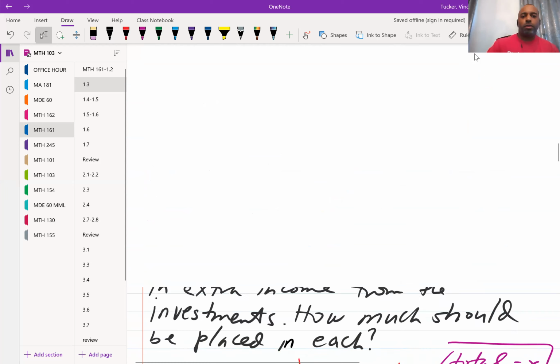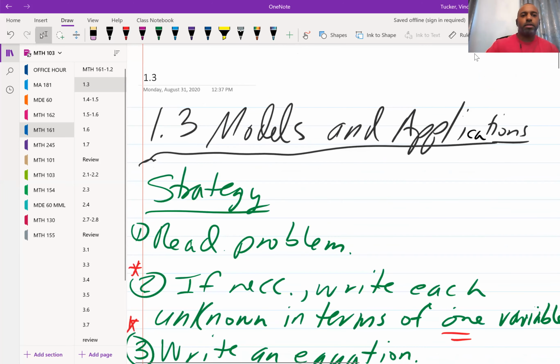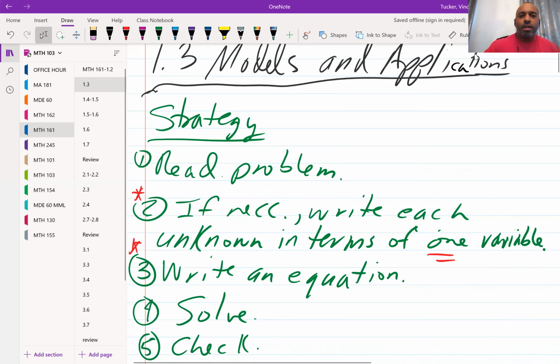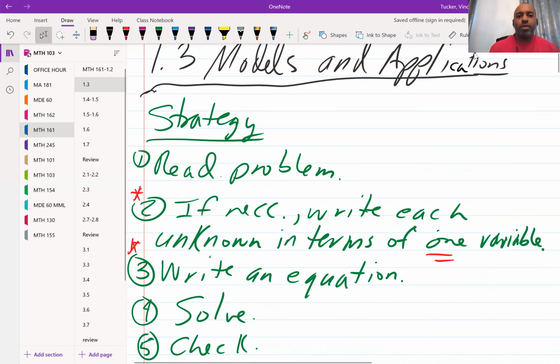All right, so of course, here we go. 1.3 is our models and applications. So I know it's everyone's favorite section, word problems.